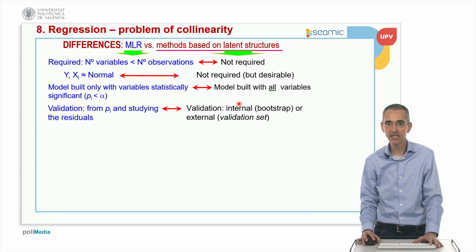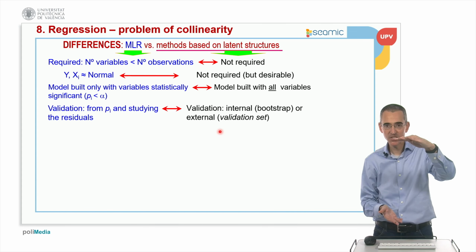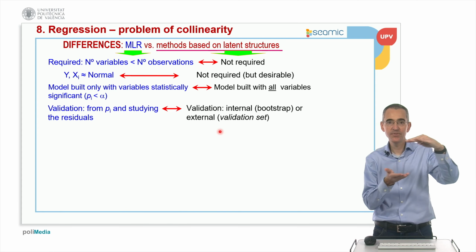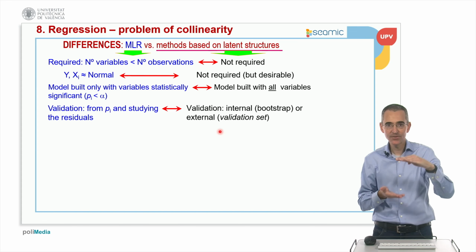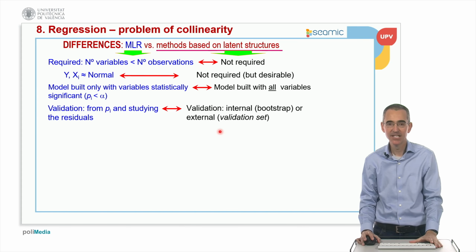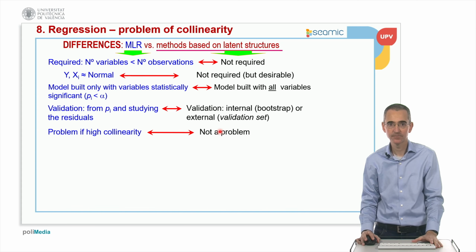It can be done in two ways: using internal validation, which is called bootstrap, with different bootstrap methods, or with external validation, which means that I have the set of observations. So I take a subset which is used to fit the model, and then I use the rest of the observations to validate the model as an external set for validation. This way of validation is very, very commonly used in statistics.